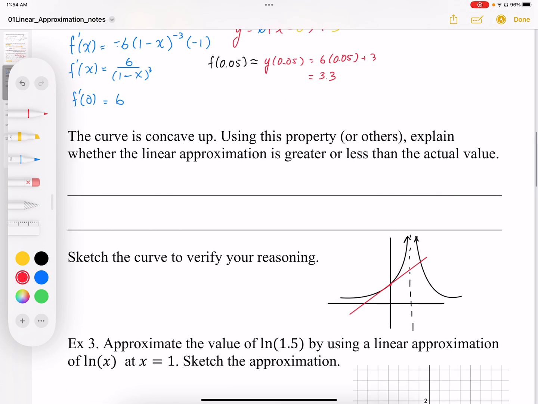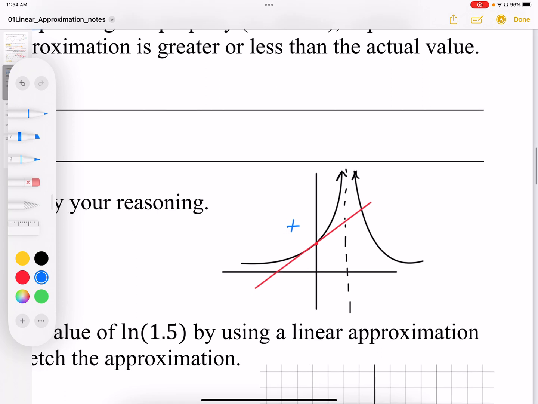So this curve is concave up at that point. So I can identify that the concavity there is concave up. And we want to be able to determine whether it is an underestimate or an overestimate based on that concavity. And we can see that our linear approximation value is going to be a little bit below.